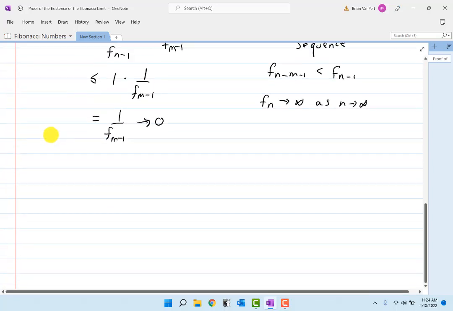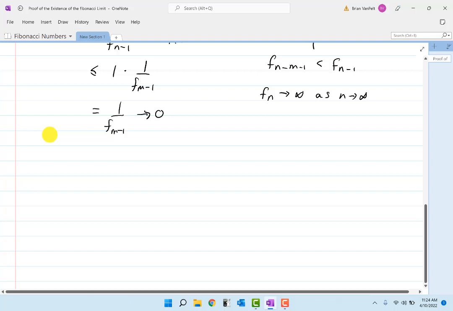Now, if you want to do it like a formal proof, you can do this. Let epsilon greater than 0 be given. So what I'm going to do is call this the formal proof.